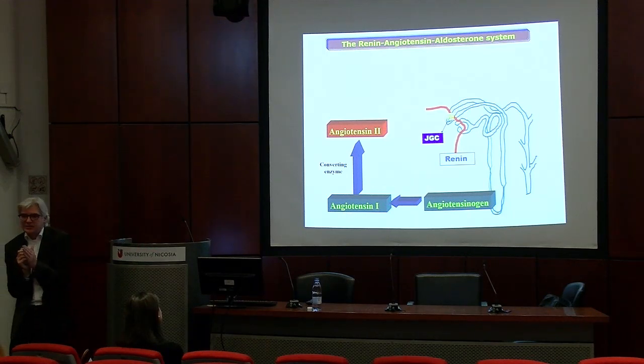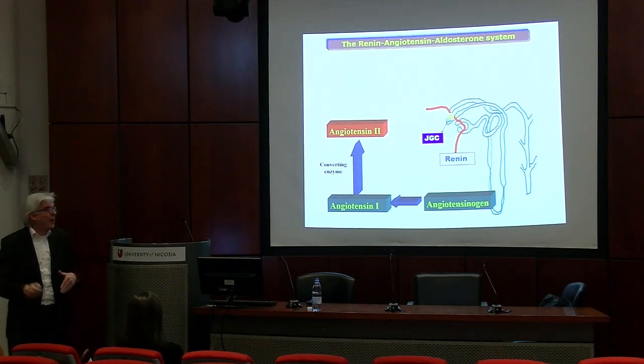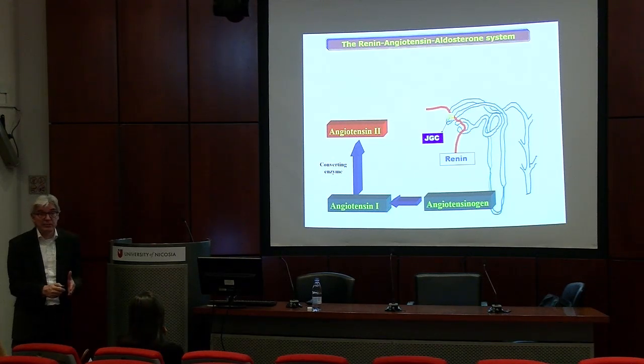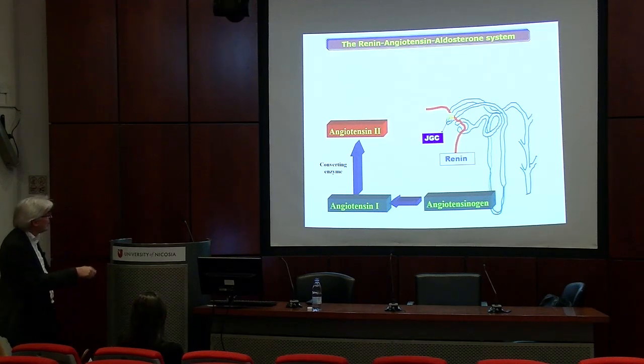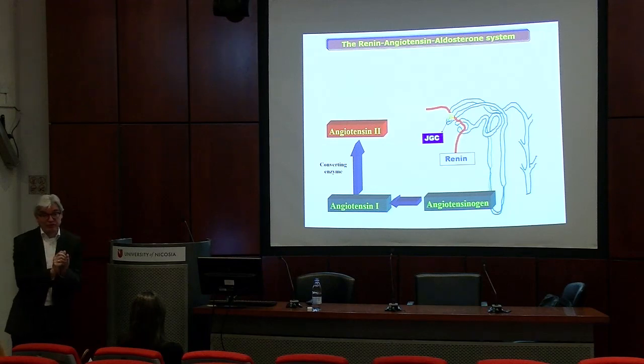And angiotensin 1 is an almost inactive hormone. But it can be converted into angiotensin 2. It can be converted by the enzyme called angiotensin converting enzyme. We know this enzyme very well from the ACE inhibitors that we use in veterinary medicine. So angiotensin 1 is converted into angiotensin 2, and angiotensin 2 is a very potent hormone.